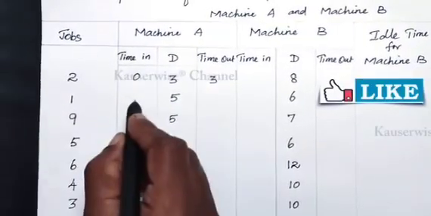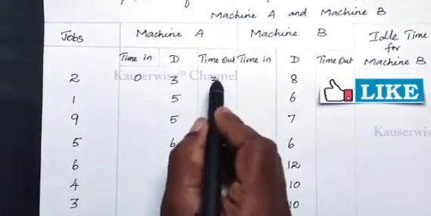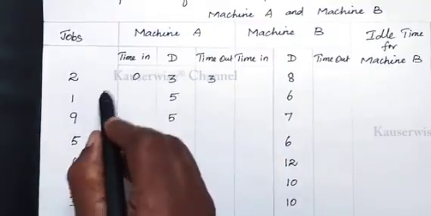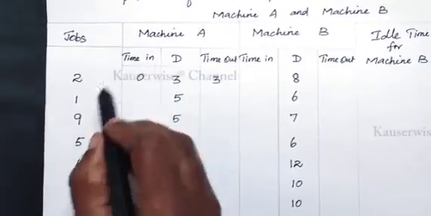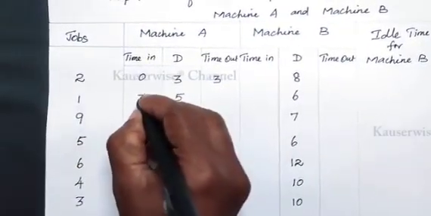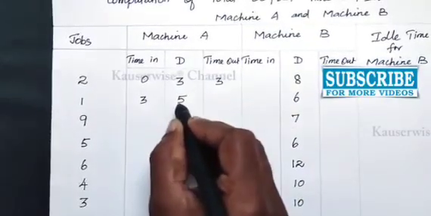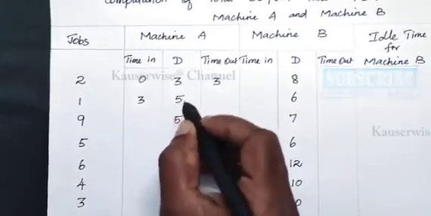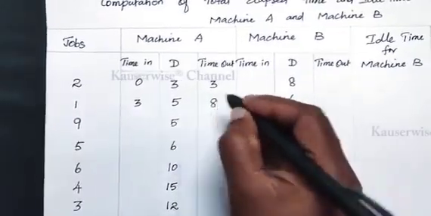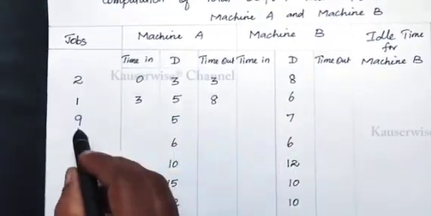What is the in time? After completion of the previous job, the machine will take up the next job. So the in time for the next job is 3, the finishing time of the previous job. So 3 plus duration 5, the out time is 8. Then machine A will take up the next job.